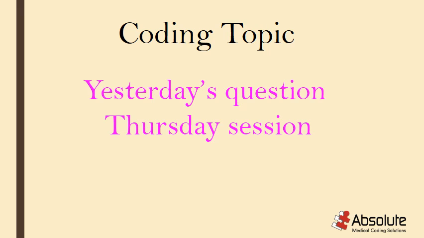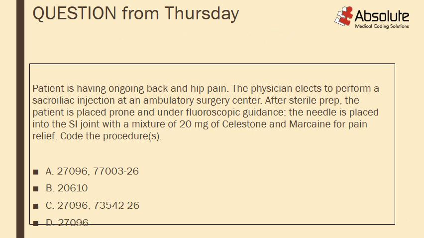All right, last Thursday, we discussed a scenario where I provided you with the wrong answer. So let's review it. A patient is having ongoing back and hip pain. The physician elects to perform a sacroiliac injection at an ambulatory surgery center.